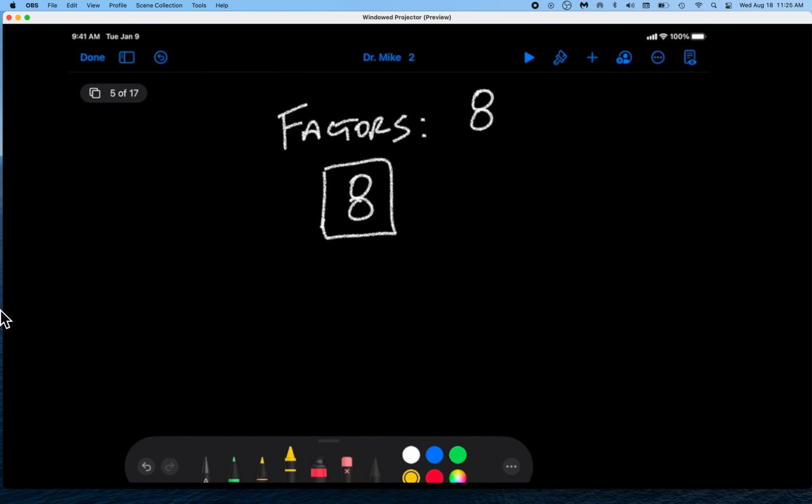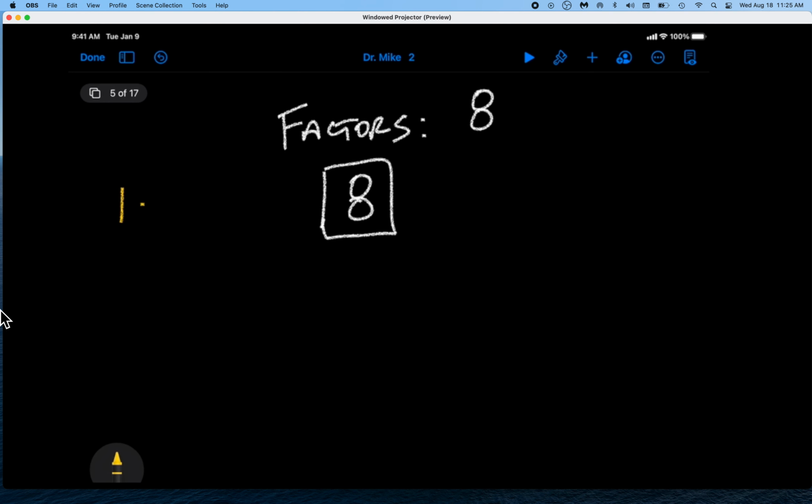It's always best to start with 1, because 1 times the number itself are always factors of a given number that's in the box. So we start with 1, then we move to 2, and we ask ourselves, is there anything that we could multiply by 2 to give us 8? And the answer is yes, we can multiply it by 4.